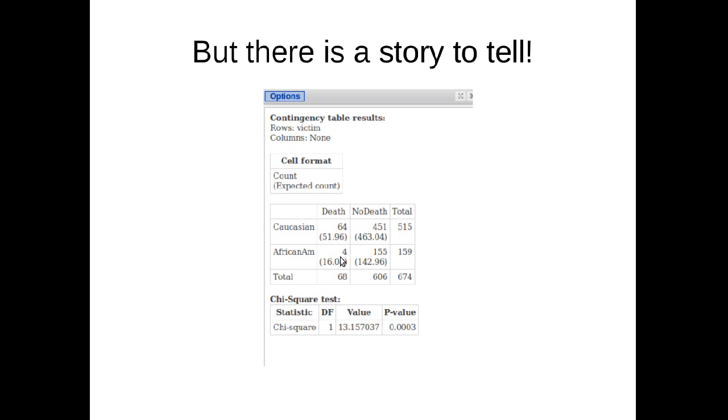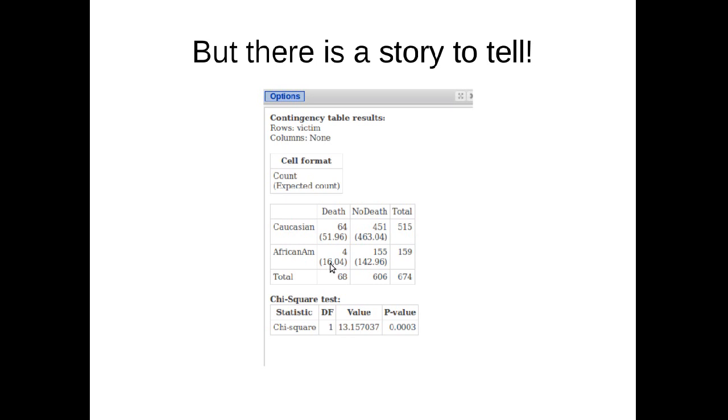And if it's an African American victim, then the death penalty is not likely. So this is bizarre, right? Because you would think that this would be the same in both cases. And these numbers are really small. But the p-value is saying these are actually really significant. The fact that this is so small is why it's so significant.